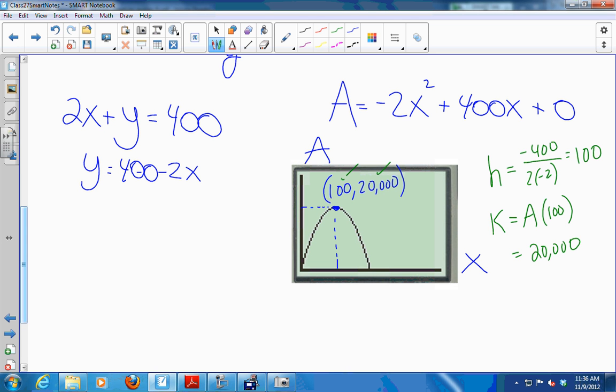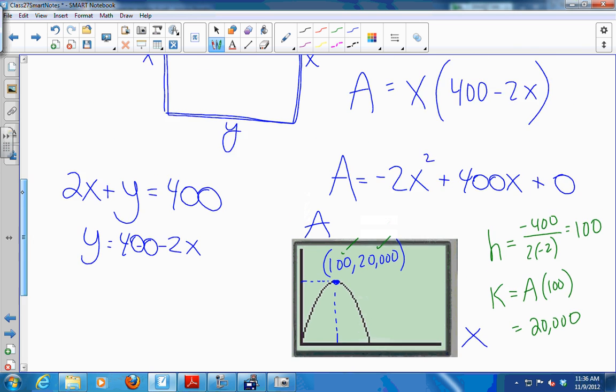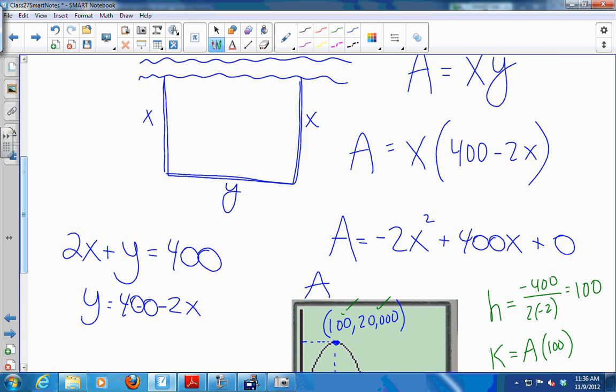So to answer the question, they said, what dimensions should I build the corral to make the maximum area? X should be 100. What should Y be? 200. This should be 100. This should be 100. And I have 400 feet of fencing total, so this means this has to be 200.